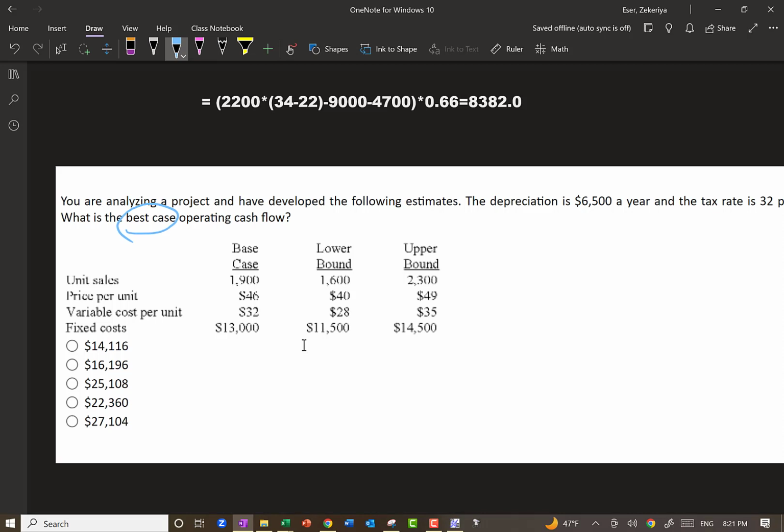That means for each of these units, I'm going to decide which one is the best case, lower bound or upper bound. So what should be my unit sales amount in the best case scenario? It's the 2,200. There's no dollars. How about unit price? 49. How about variable costs?